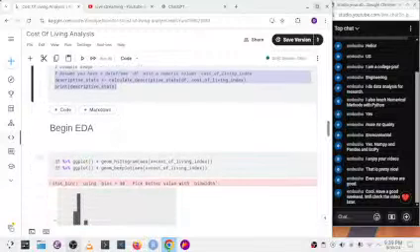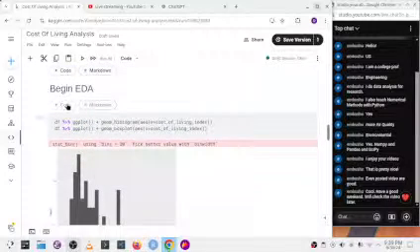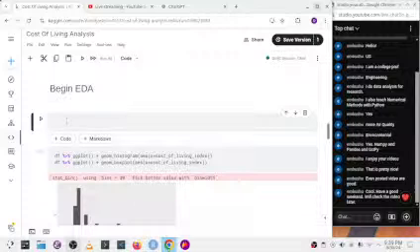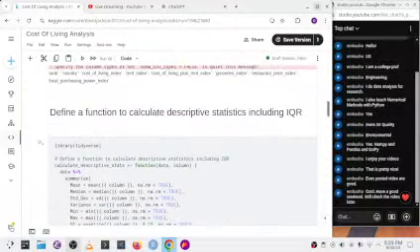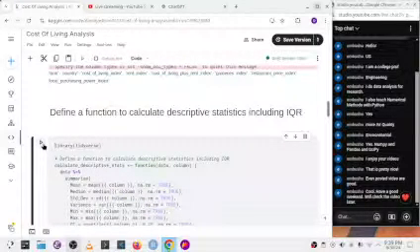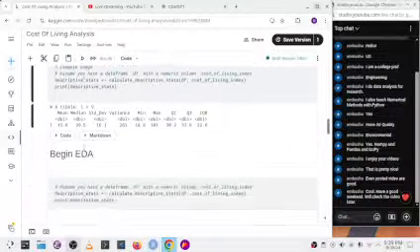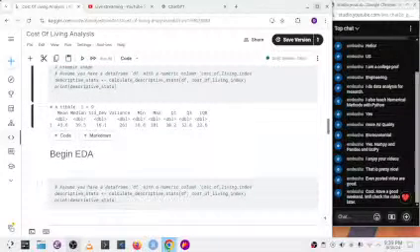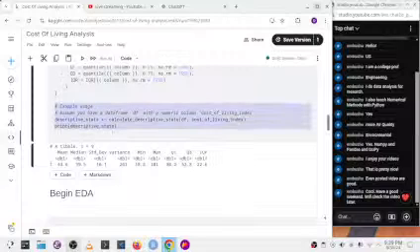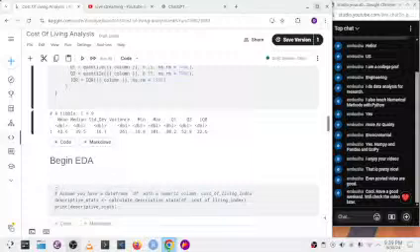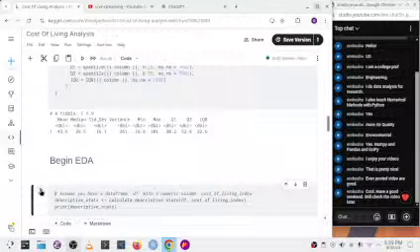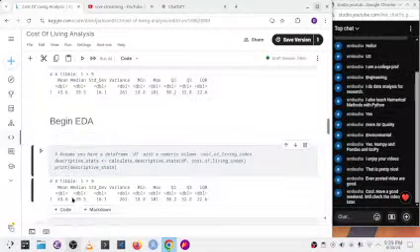This is one of those functions that should be in everybody's toolkit. What does variance mean?